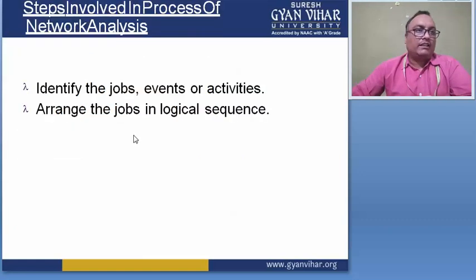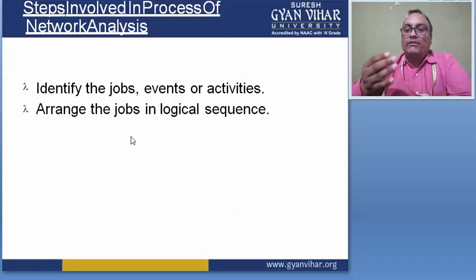And the steps involved in the process of network analysis, means how many steps are used for the network analysis. These are the two steps. First is identify the jobs, events or activities. First you identify the jobs, events or different types of activities, means how many activities are involved to complete this work.